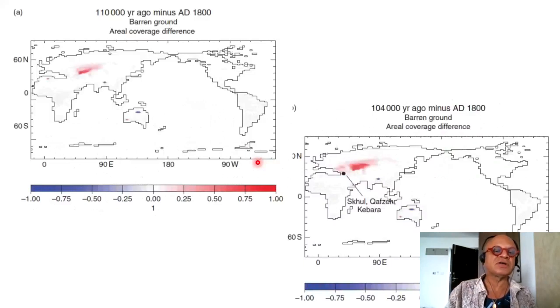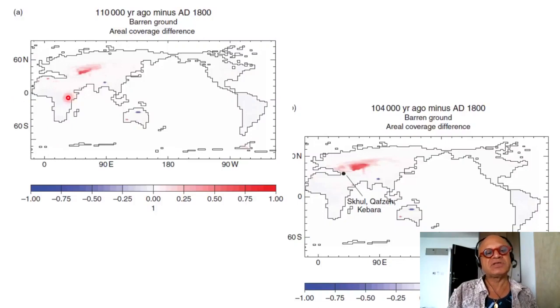So here we are. You can see 110,000 years ago and 104,000 years ago, the barren land appears here in various parts of central Western Asia, Eurasia, towards the Middle East, and then expands by 104,000 years ago, which is more detail than we have been looking at, just focused on Africa.